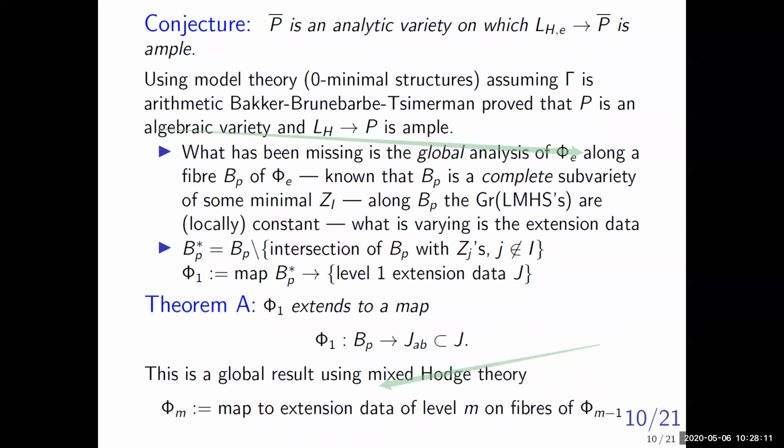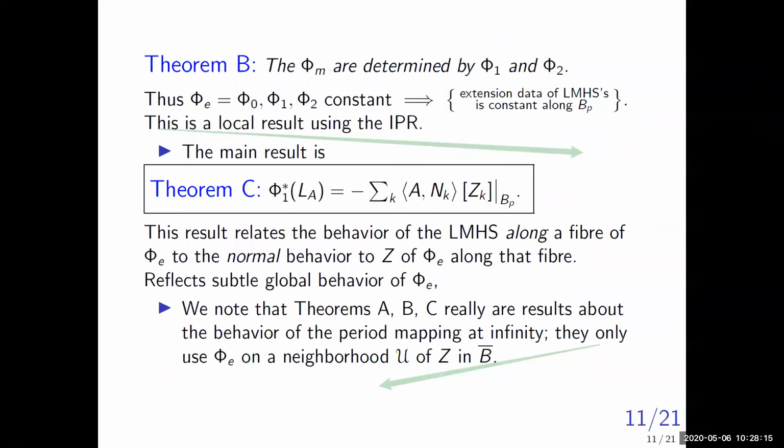We'll let phi-m be the map to the extension data of level m. The next result is that for the phi-m's, as you're going to higher and higher level extension data, you only have to go up to level 2 and you've determined everything.